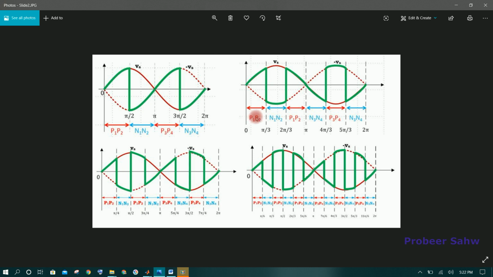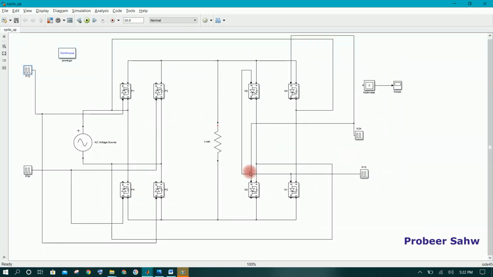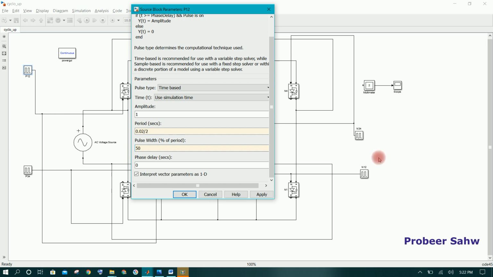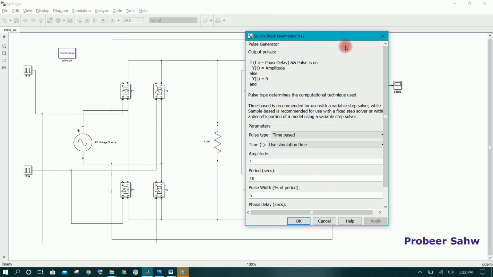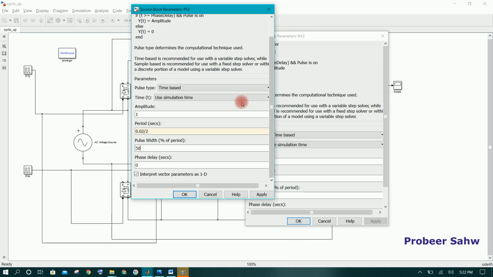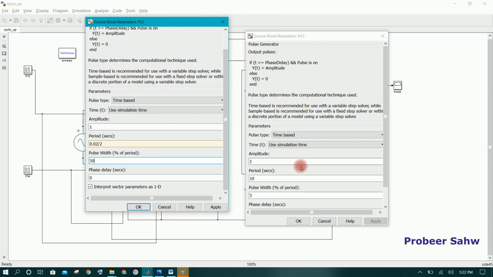Therefore, next we set up the parameters for the pulse generator of N1 and N2. So we keep the parameters side by side. This is the parameters for N1 and N2, and this is the parameters for P1 and P2.